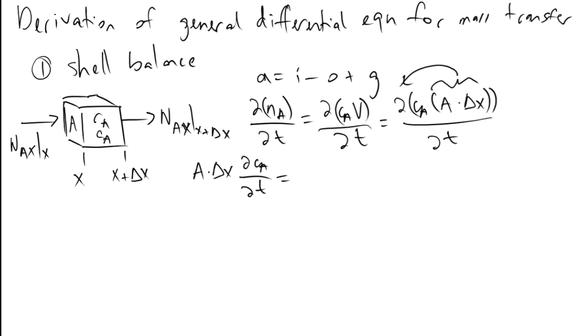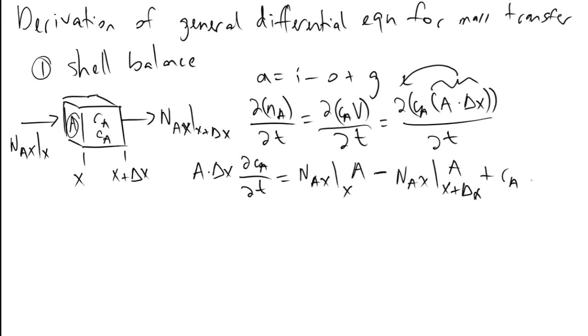and then our inlet term entering our control volume will be NAX evaluated at X. And because flux is quantity per area per time, we need to multiply this by the area that is traveling through, and that area is A, so we multiply it by A. And then leaving our control volume, we have NAX evaluated at X plus delta X times area, because it is also flux, and then being generated inside our control volume, we will have RA, the number of moles of A that react per time per volume of our reactor or control volume.